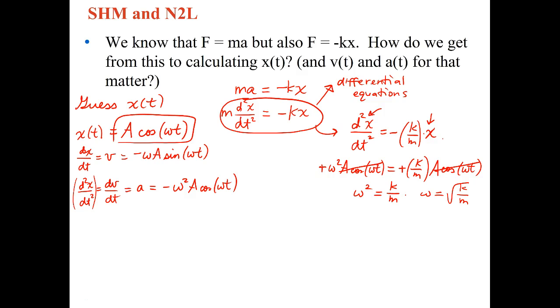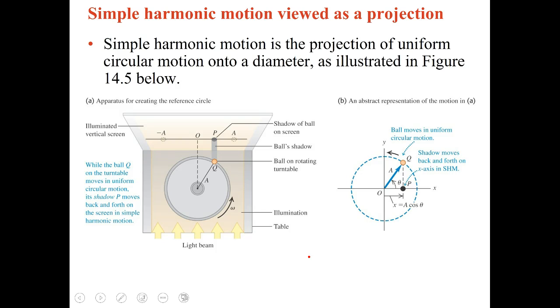Okay, so this means that we really do have a solution to our differential equation, namely that x of t is equal to a cosine omega t, where omega is root k over m, or it's the angular frequency. That's great. Okay, now another way to think about this is that simple harmonic motion is the projection of circular motion onto a diameter.